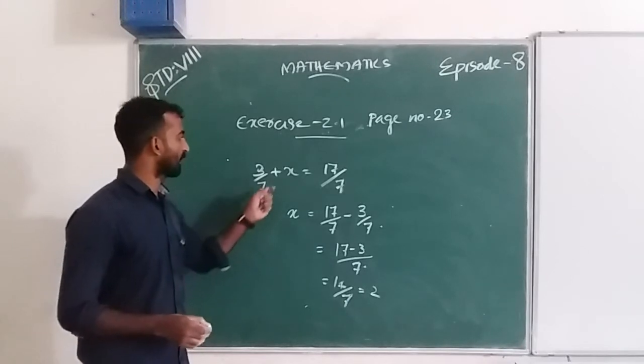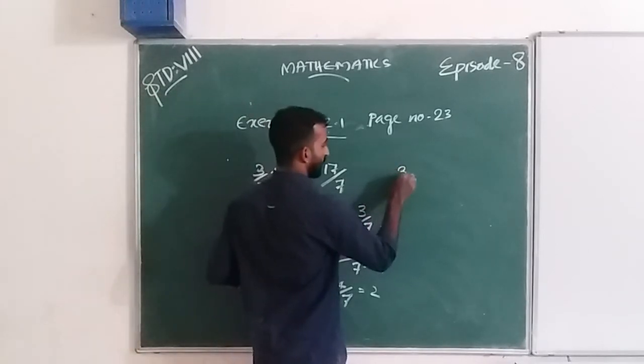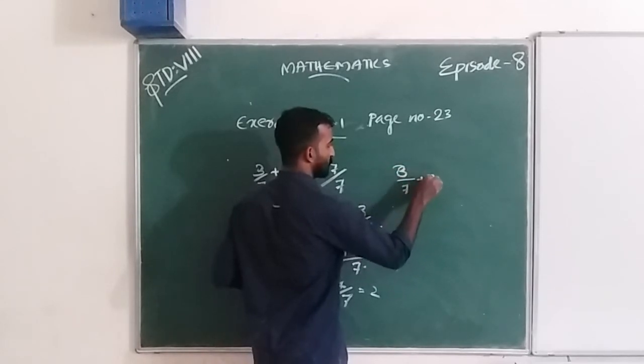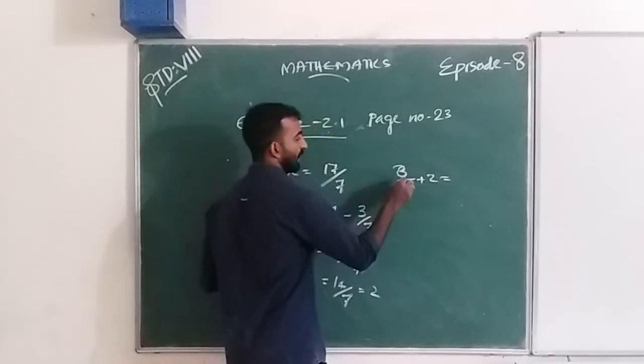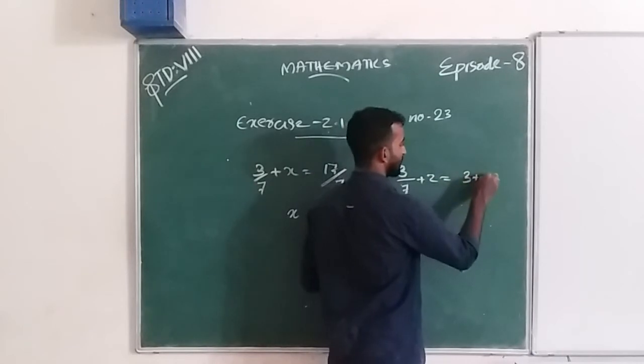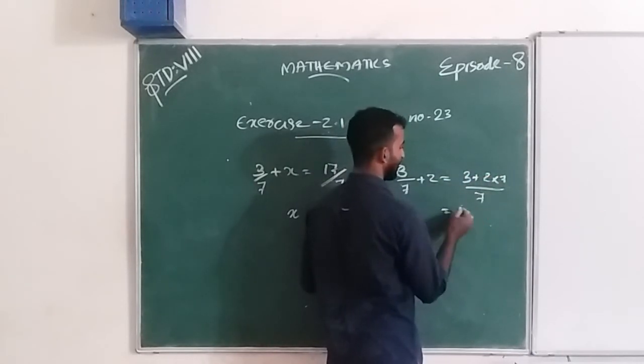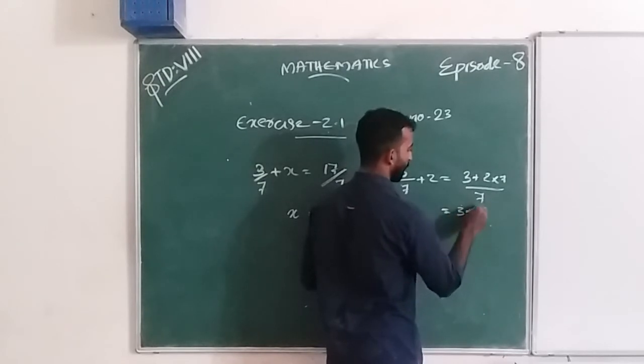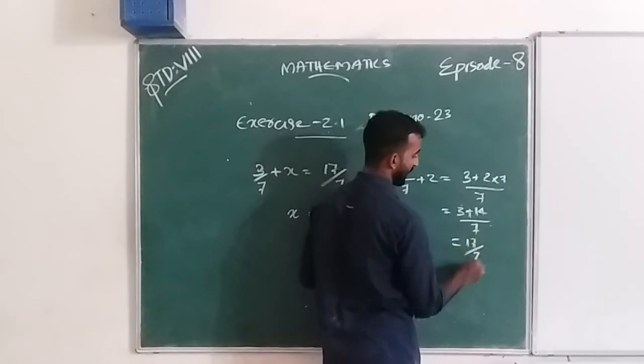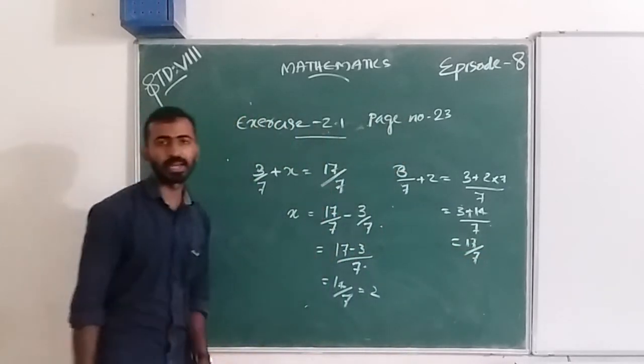When we put the value of x in this case, 3 by 7 plus 2, we get 3 plus 2 into 7, that is 3 plus 14 by 7, that is 17 by 7. That is equal to RHS.